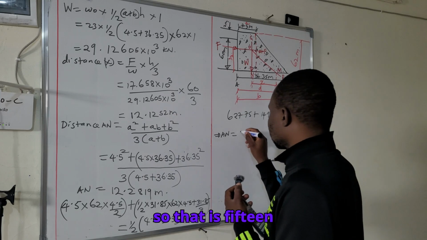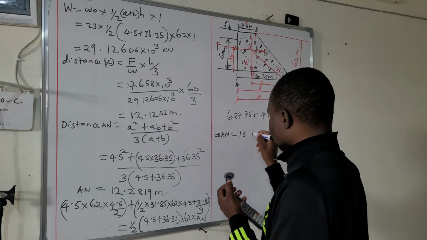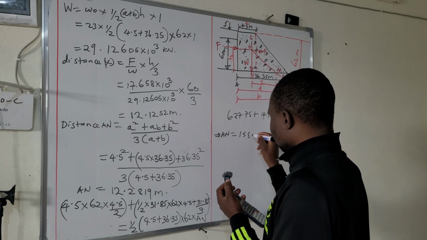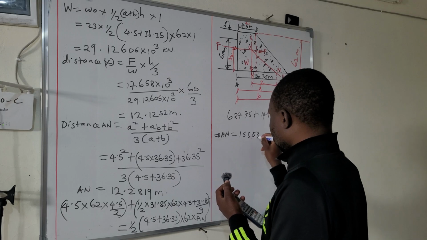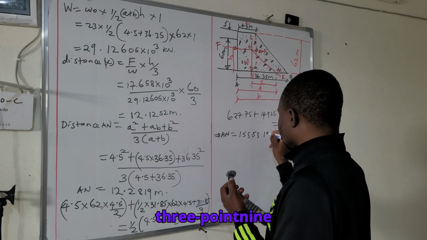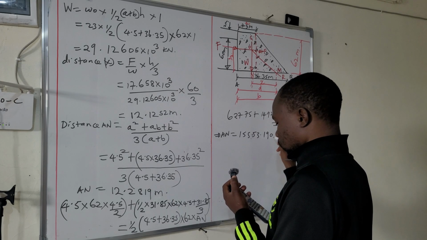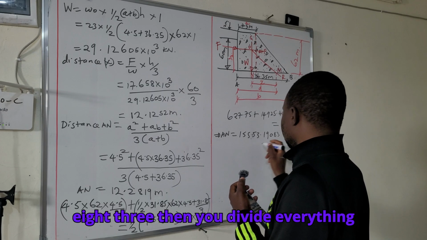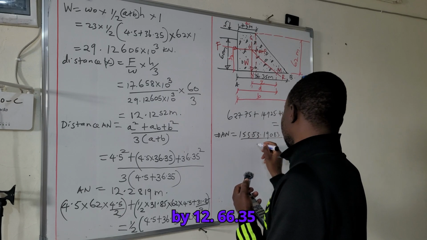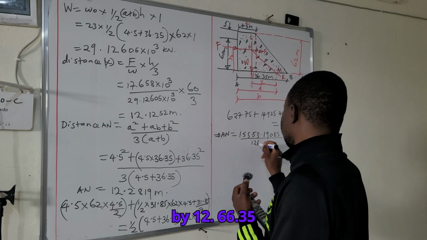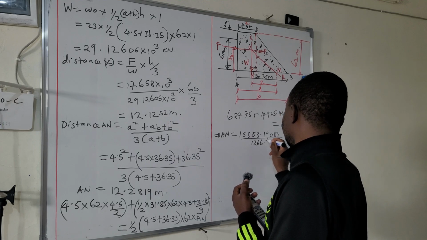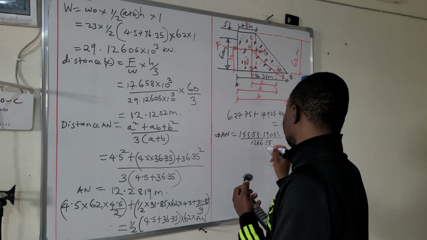So that is 15,553.919083. Then you divide everything by 1266.35.